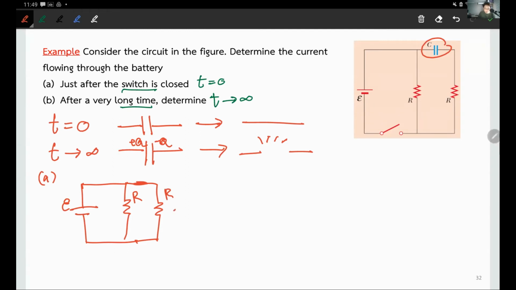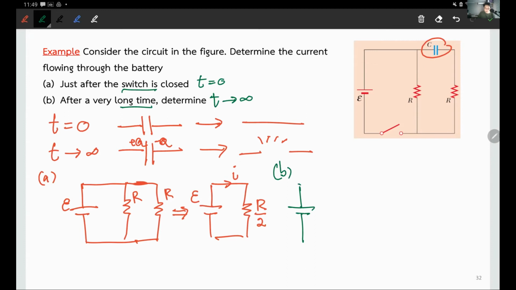Now I can do equivalent resistance and reduce those R down into just a single R, and then you can calculate the current flow. That's part A.